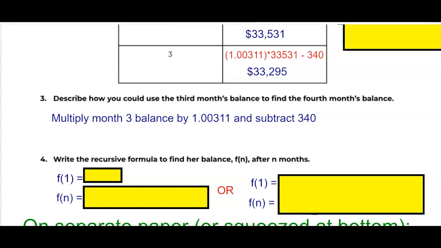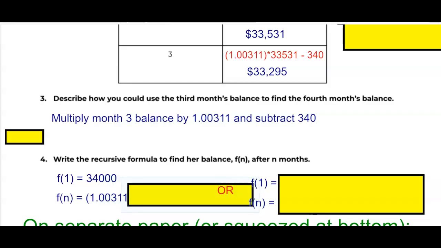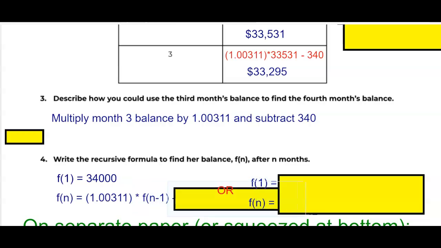All right, so term 1, if we go back to our starting amount, it was 34,000. That should be the easy part of the formula. You just look at the beginning. Now we have to write down what we're doing. So we're multiplying by the 1.00311, and what we're multiplying this by is the previous term. So this part of the formula needs to be in there every time because we have to be multiplying by the previous amount to be recursive.